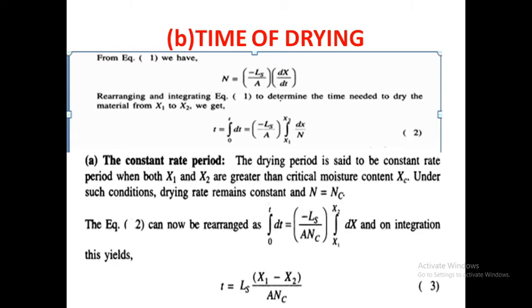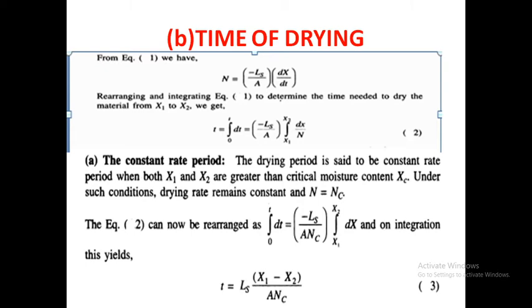So integrate with respect to t on the LHS. Finally we get, after substituting the limit, small t on the RHS, minus Ls by capital A into Nc, into the integration of dx, capital X upper limit minus lower limit, X2 minus X1. Are you clear or not?